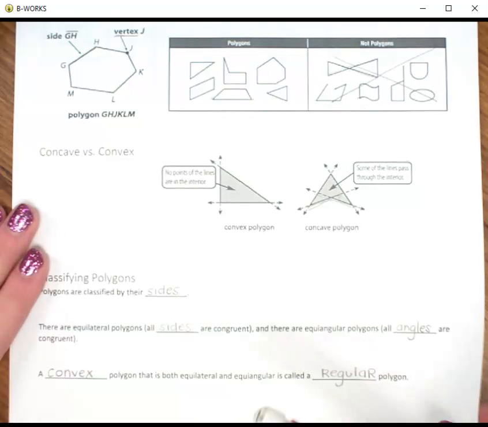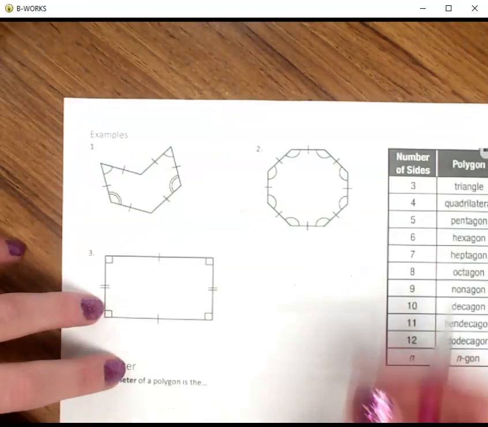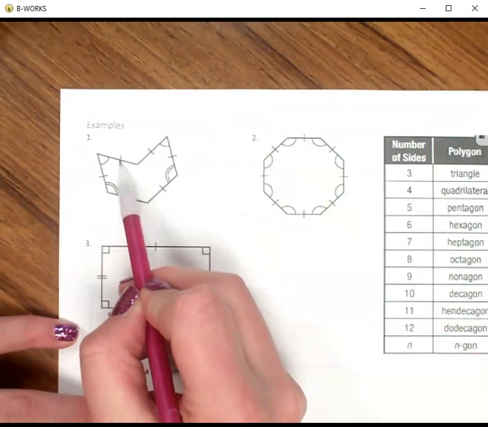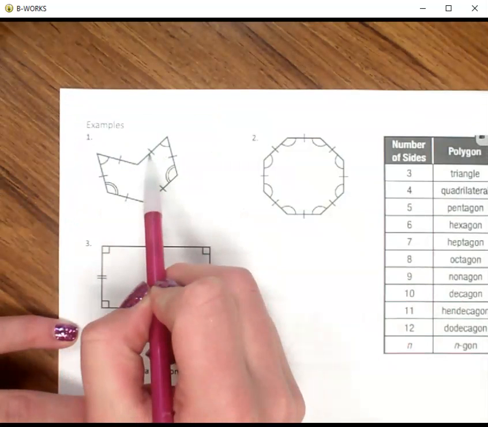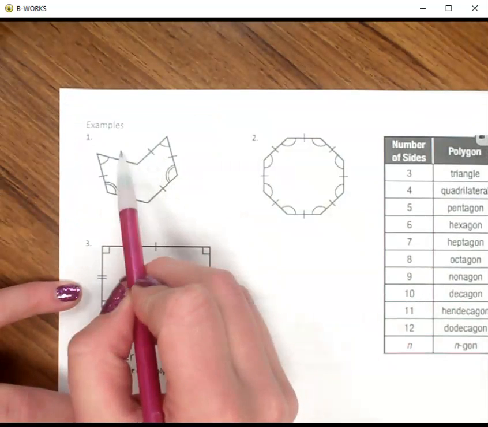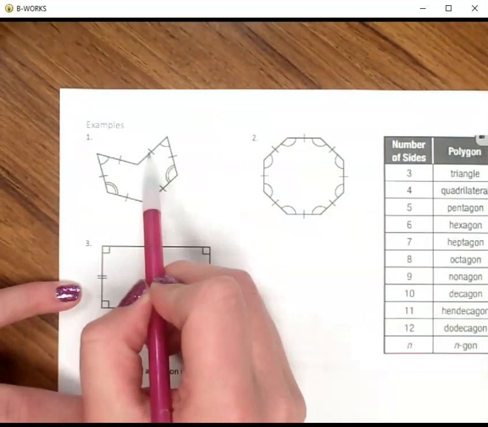So we're going to practice here. We've got 3 examples. This first one, these marks here indicate to me that this is equilateral. All 1, 2, 3, 4, 5, 6 sides are the same.